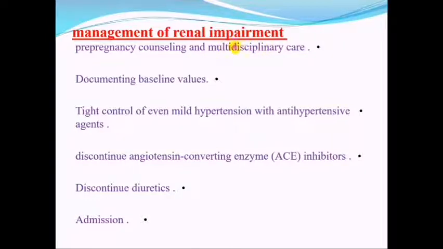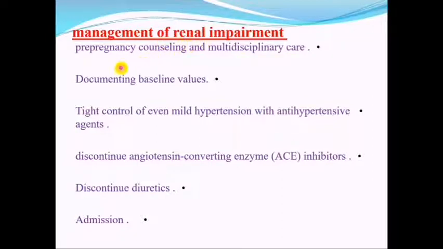We also have to explain to the woman who is going to get pregnant that it is a high risk pregnancy, requiring multiple consultations during the antenatal period for early detection of any complication or any deterioration of the renal function.